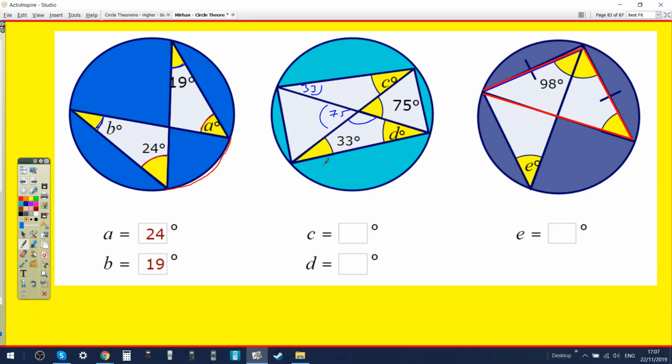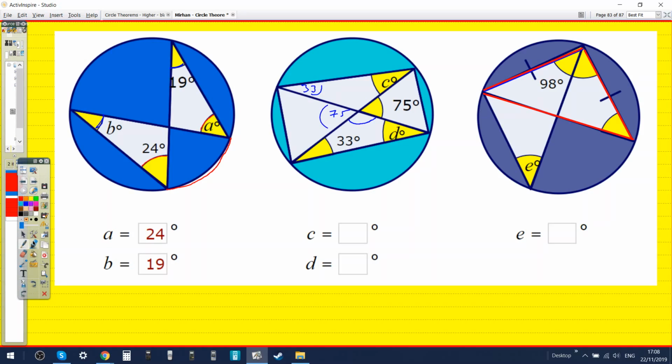So 360 minus 150 will be 210. Then 210 divided by 2 equals 105.